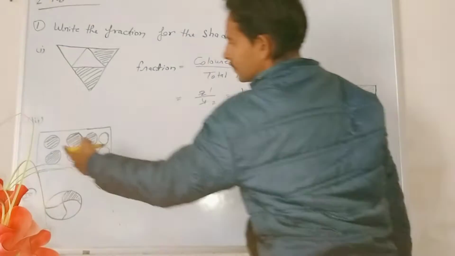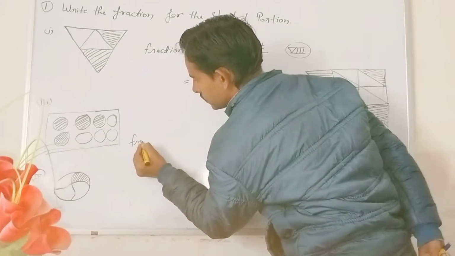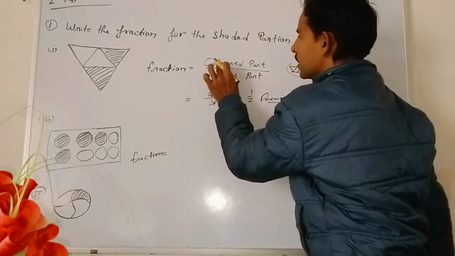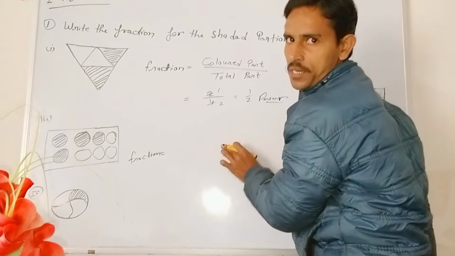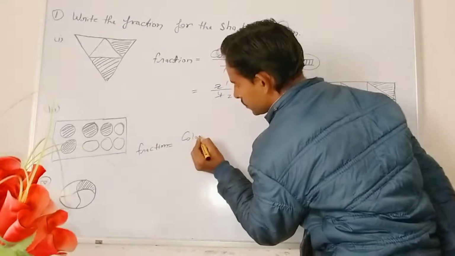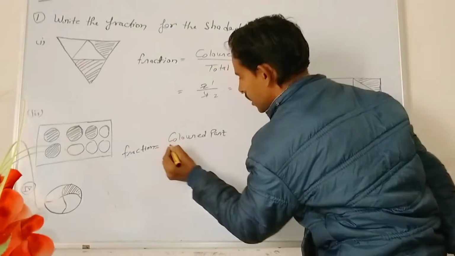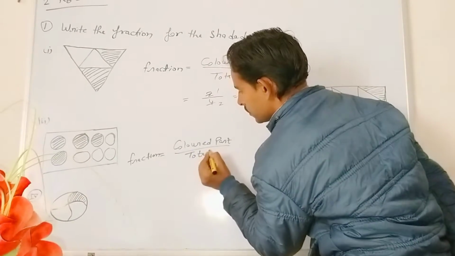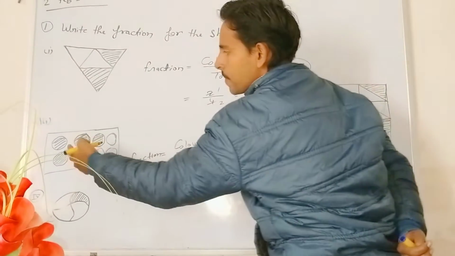In the same way, for this figure we can write fraction equals colored part, again we can write colored part or shaded part. So fraction equals colored part upon total part. How many colored parts are there?